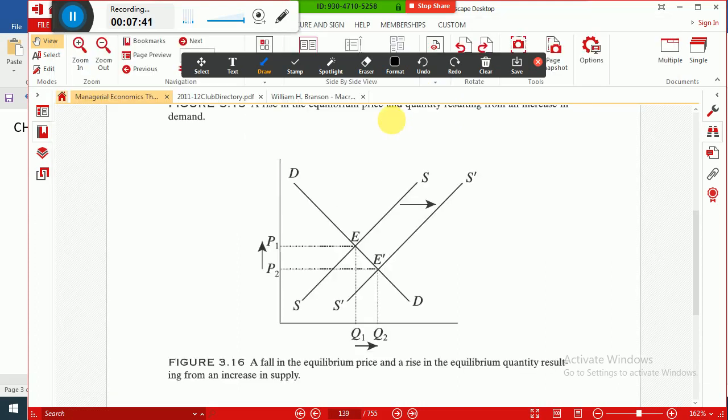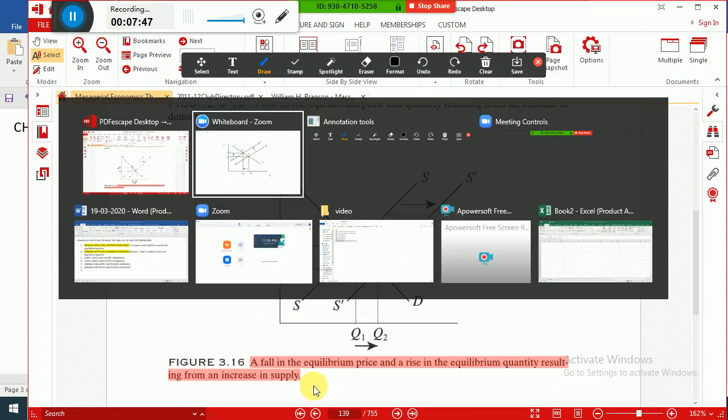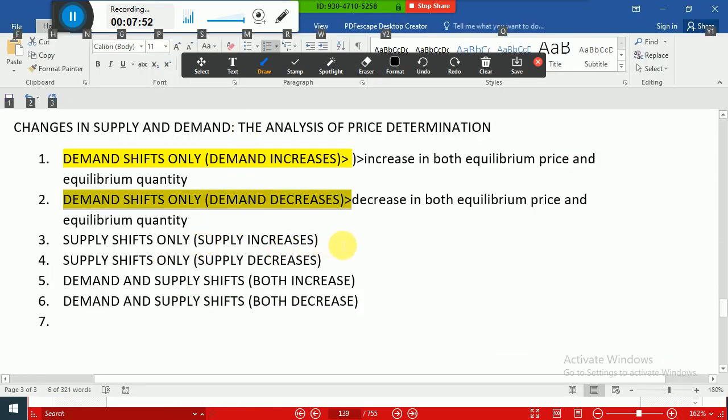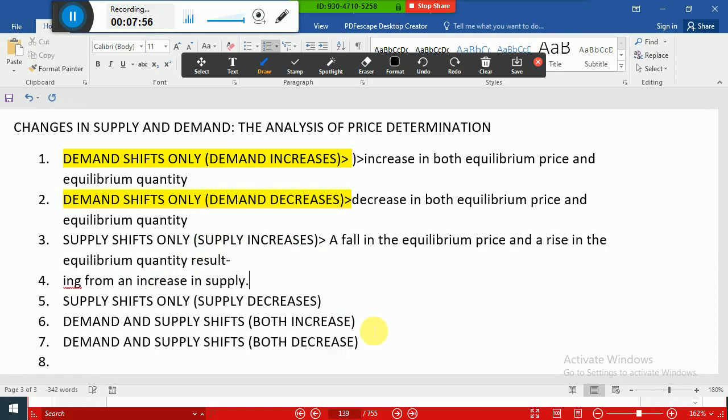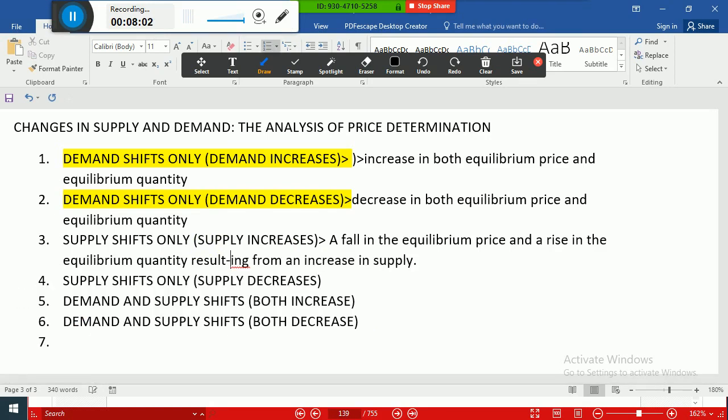So what is the result? The result is, when supply increases, this is the result: a fall in equilibrium price and a rise in equilibrium quantity resulting from an increase in supply.